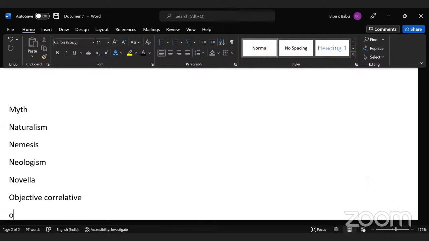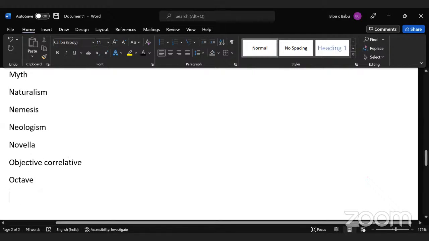Next is octave. Octave is an 8-line form. Octave means 8 lines. It originated from the Greek term. There is a person called Petrarch.